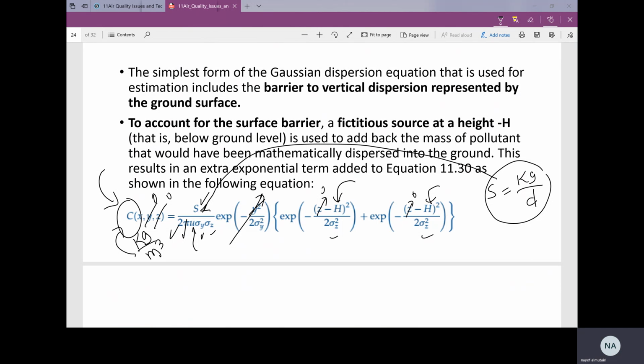Let's say I want to find it in microgram per meter cube, or I give it to you in microgram per meter cube. So kilogram to gram, gram to microgram, like this. So you could convert kilogram per meter cube to microgram per meter cube.